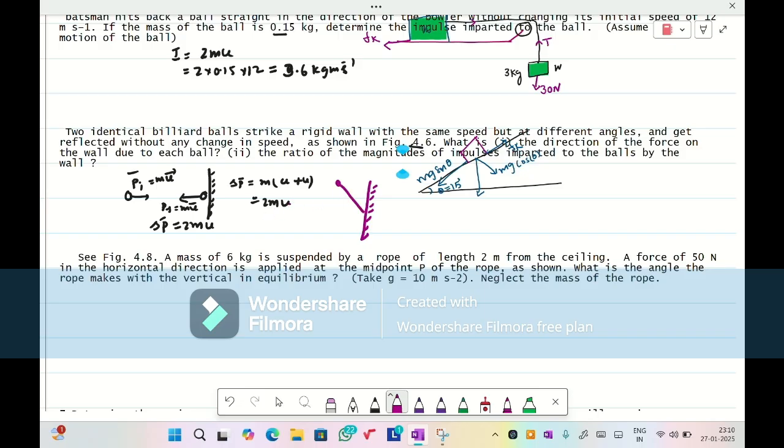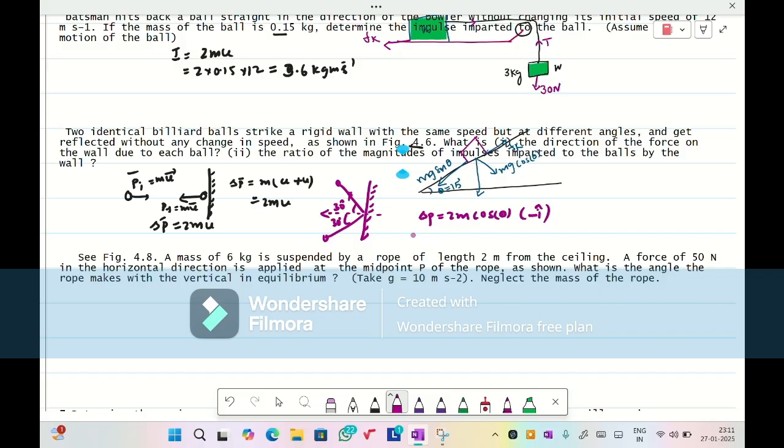So this is the angle with the normal, theta equal to 30 degrees is given. With theta with the normal, the change in momentum is equal to 2mu cos theta, and it is opposite to the initial direction, opposite to the wall, that equals minus i cap. Here also this is change in momentum.